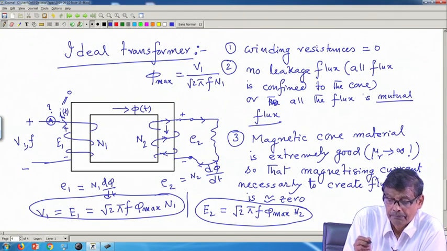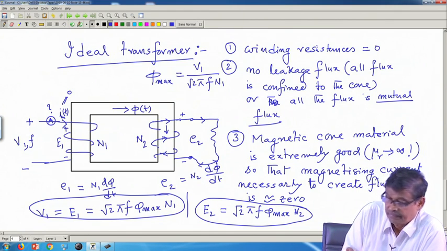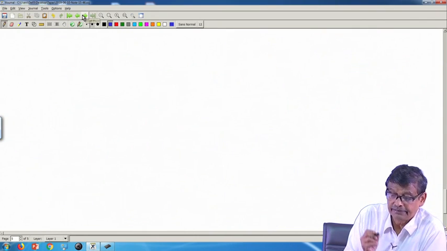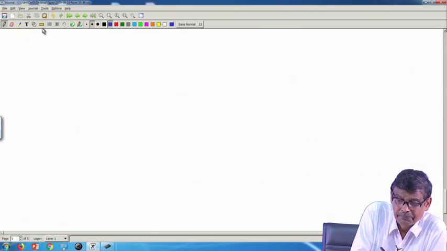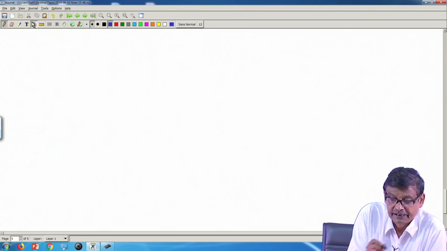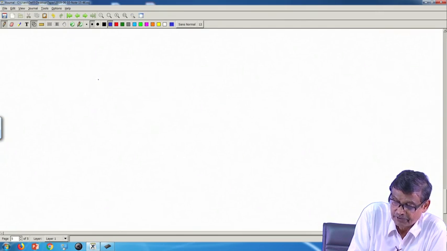Let me repeat this point in a nicer diagram. So let me sketch it, that will be faster, because let us spend some time on this.